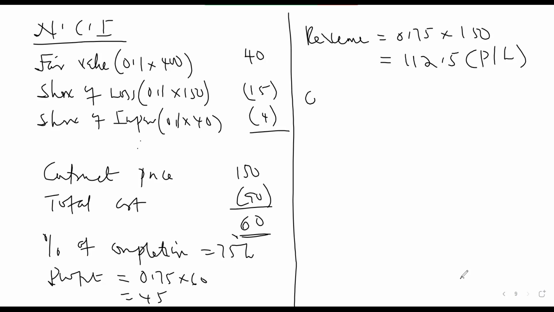The cost of sales, if you are using the input method, will always be the cost up to date. That will be 0.75 times the total cost of 90. If you complete all the work, the cost is 90, so this will be 67.5. The profit is still the revenue minus the cost, which will be 45. So this is what they have done.